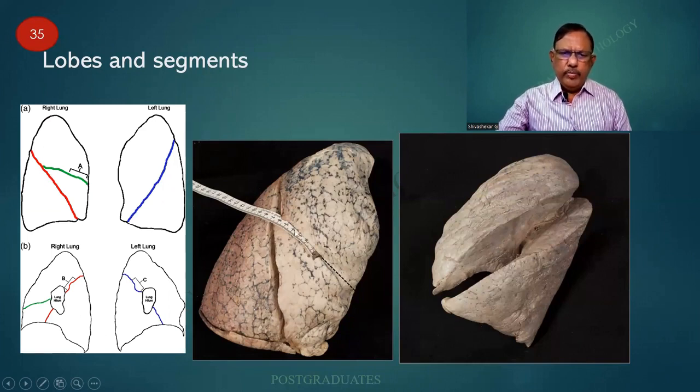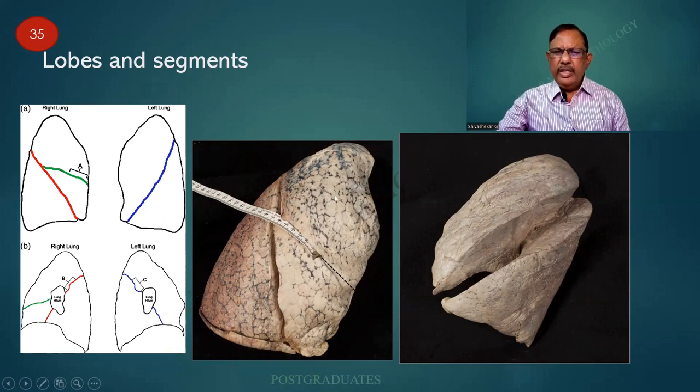And there is a small slit-like space over here, called the horizontal fissure, that is dividing the lung into 3 lobes on the right side. So right is 3; R is there, whereas in 2 you do not have the letter R. And this fissure may be complete or it may be incomplete.